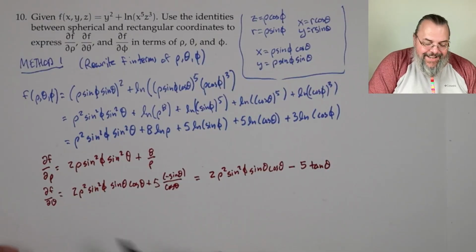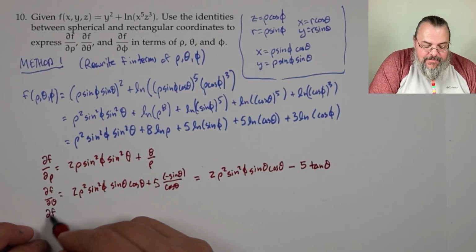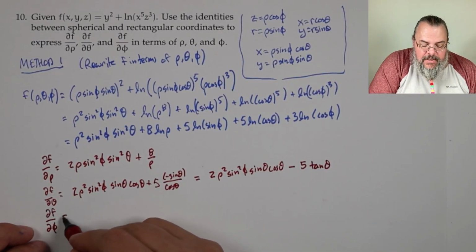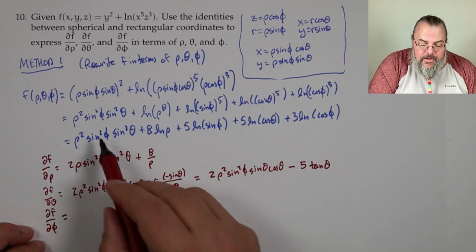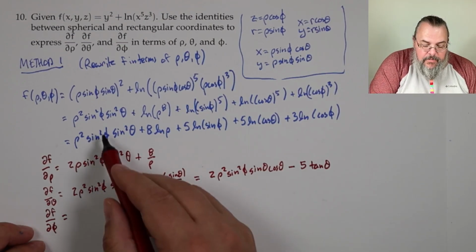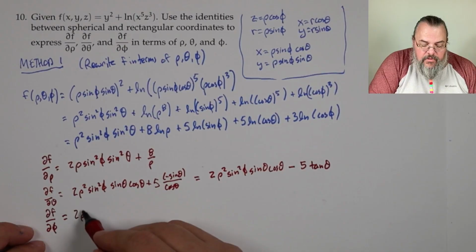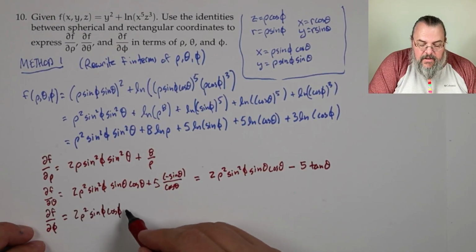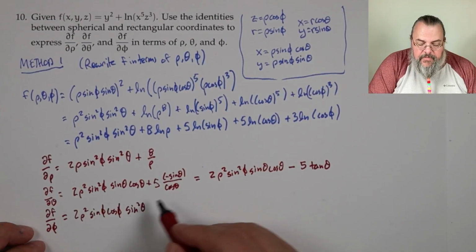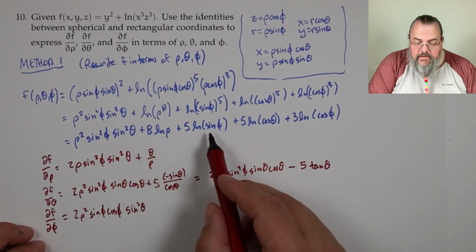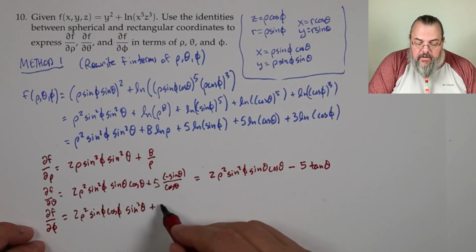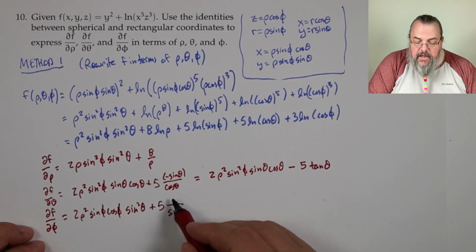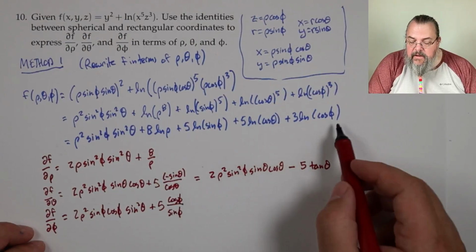And our last one, partial f partial phi. Okay, well, there's a phi there, so a similar idea: 2 rho squared sine phi cosine phi, and then sine squared theta. No phi there. This has a phi, so that's plus 5, write your fraction, sine phi downstairs, and the derivative of sine is cosine. That's not a phi. That's a phi.